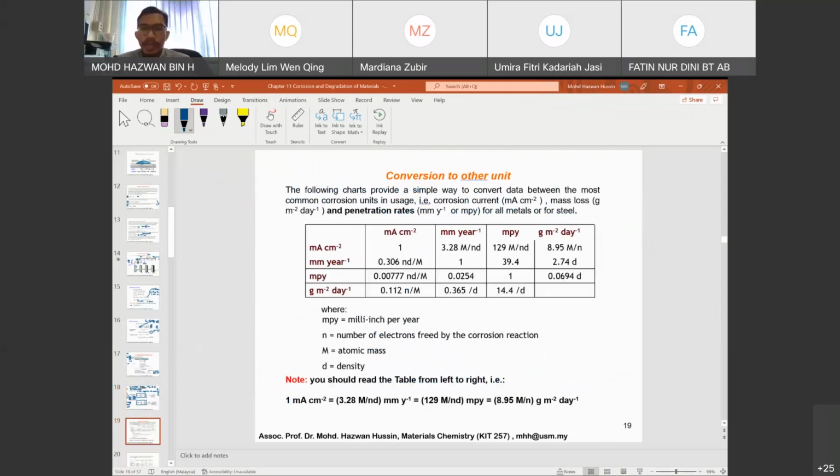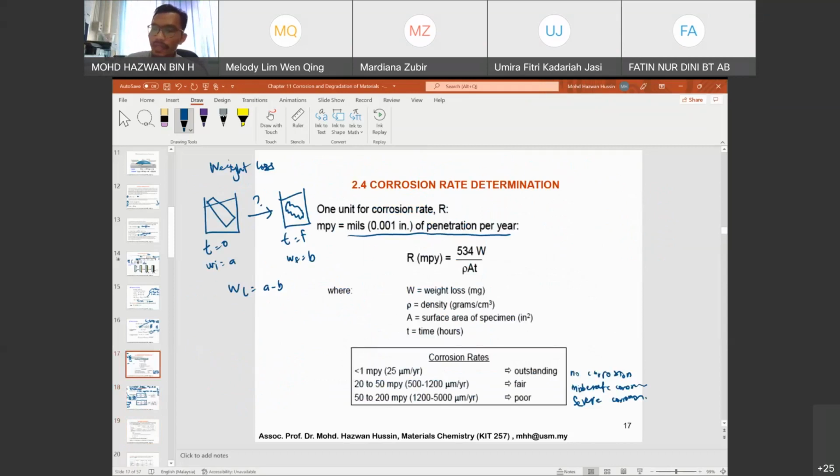Another term that you need to understand is the conversion to another unit. From here we've seen mils per year as one unit. Remember, you use this formula if you don't want to relate it with current. Please notice that the unit is also different.